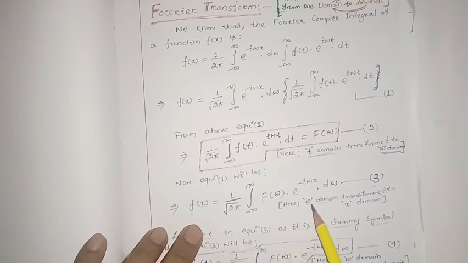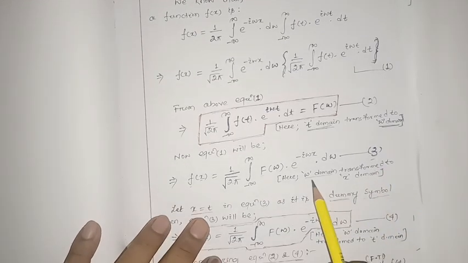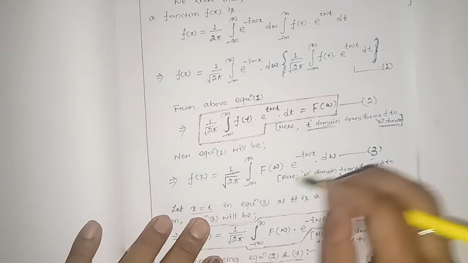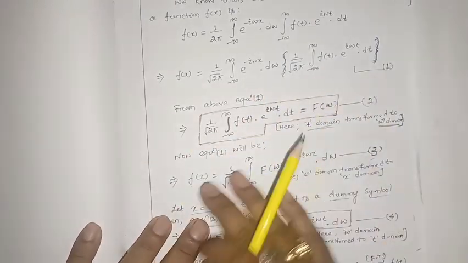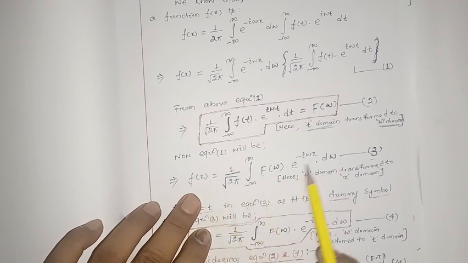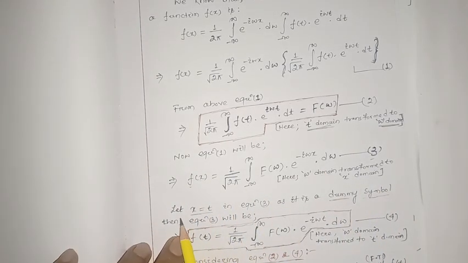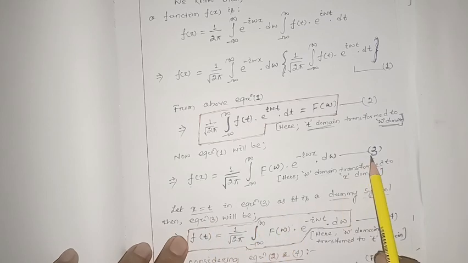Got it? Same thing I have written. From equation number 3 we can say that this is a transformation from omega domain to x domain. Okay, now here instead of x we can write t because it is a dummy symbol. So let x equal to t in equation number 3.